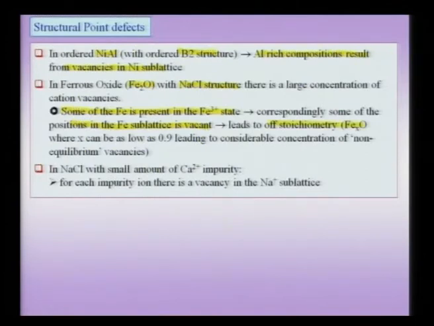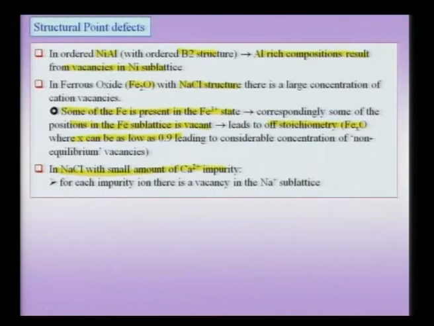In other words, you could not have an ideal composition of FeO, and you could actually have Fe(1-x)O, and this concentration x can be as low as 0.9. The vacancies which come in this crystal, in the iron sublattice, are not because of thermodynamic equilibrium criteria. This is coming because of off stoichiometry, and this would therefore constitute structural vacancies.